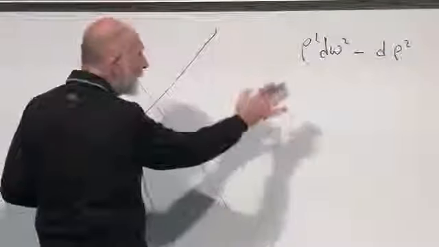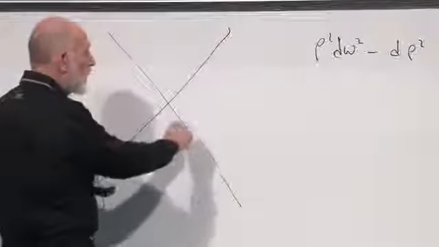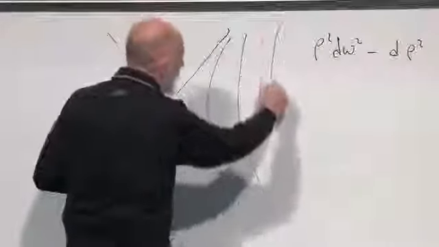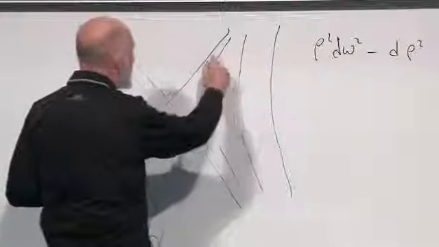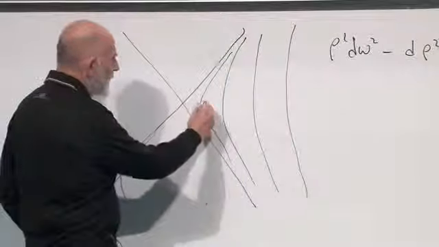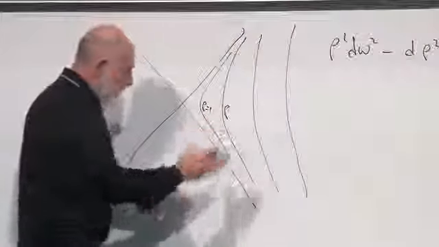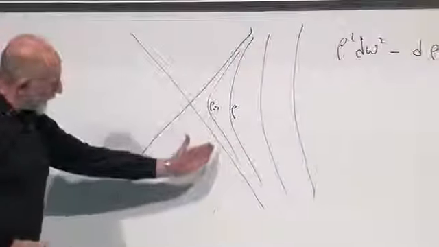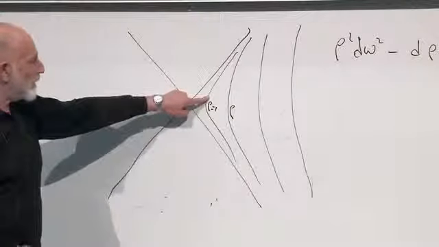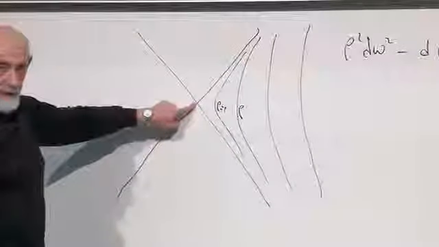Those are the hyperbolic polar coordinates, where rho is constant along hyperboloids. This could be rho equals 1. All along this trajectory, this point is 1 unit of rho away from the horizon.